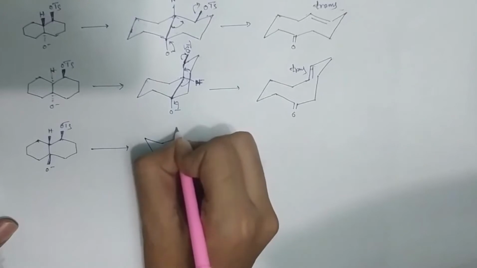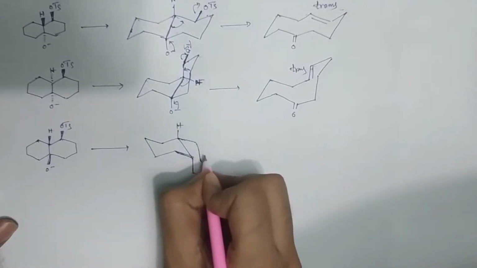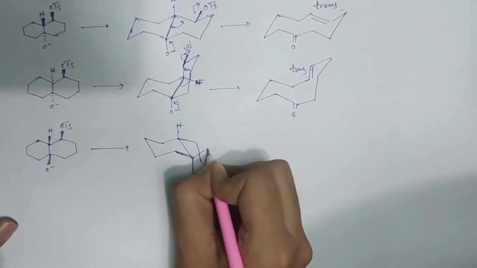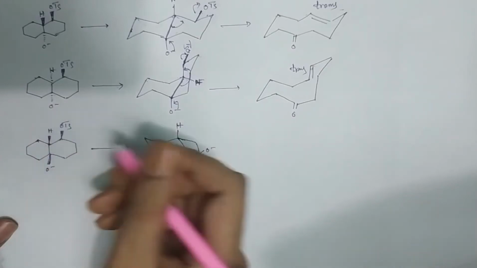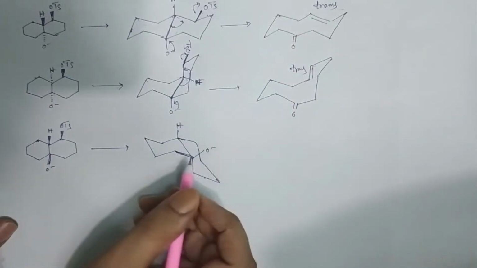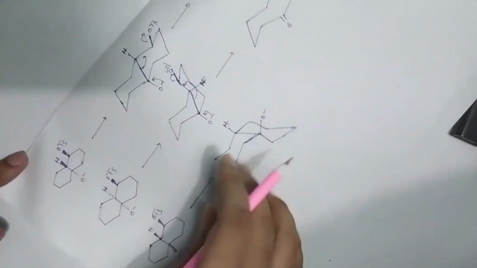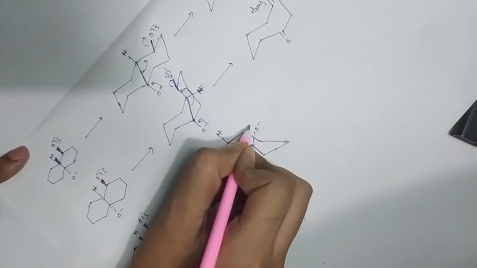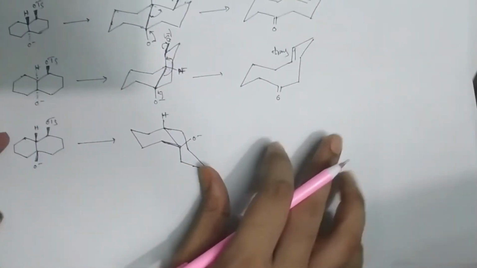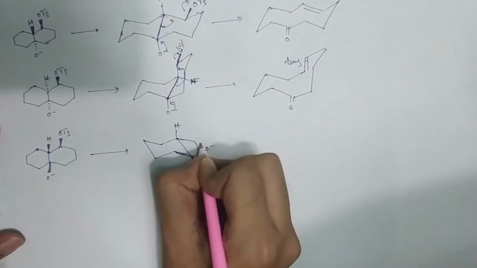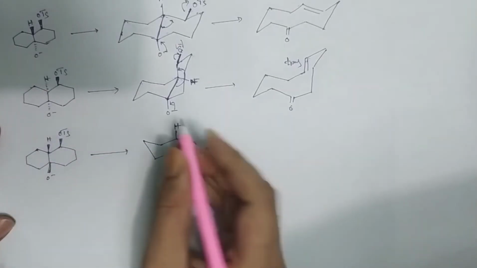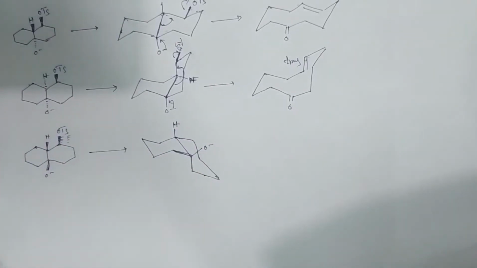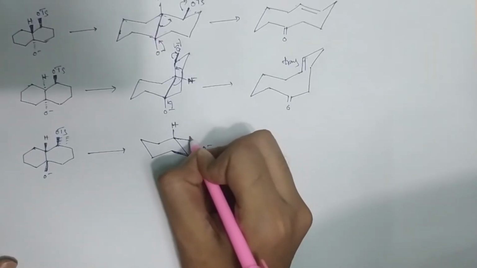So hydrogen is up, O minus is also up, the OTS is also above. So from this angle here, OTS will be in the axial position for the above the plane conformation. Sorry, the OTS will be below the plane, that is in this previous conformation. So the OTS will be here.